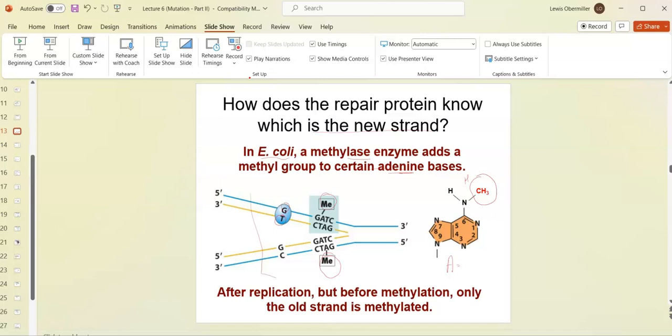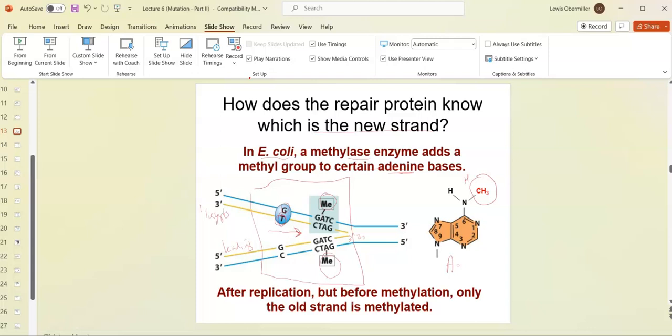This is representing a fork, right? And the direction of replication is in this direction. So mismatches on the newly synthesized strand. It has to copy 5 to 3, so this has to be a 3' hydroxyl. So this is the leading strand. This is the lagging strand. So we have a mismatch here on the lagging strand.